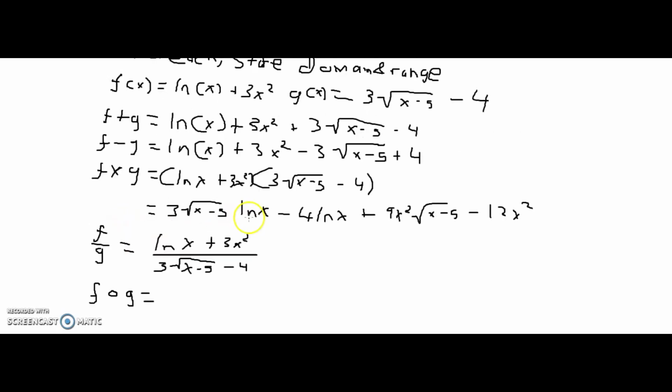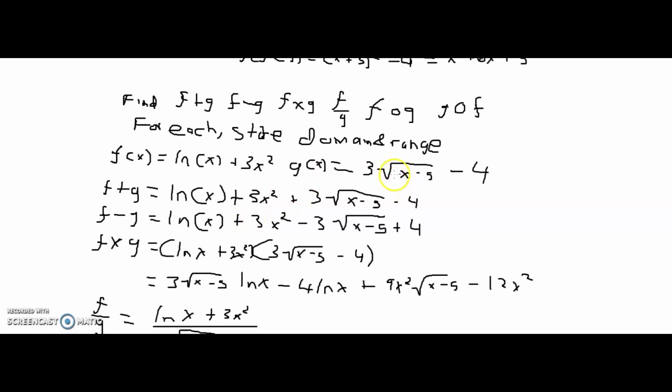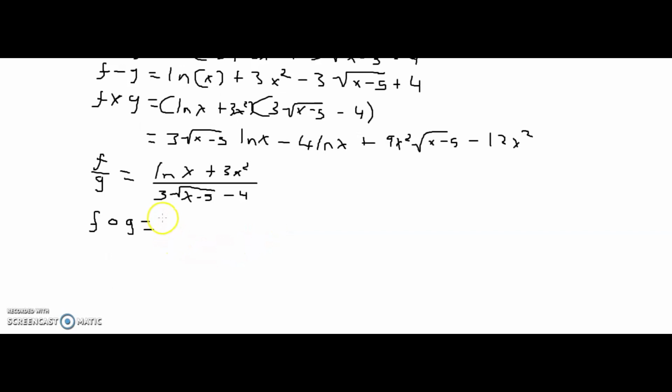So this means I take g of x and I plug it in wherever I see an x. And there are 2 x's in this case. So this becomes natural log of 3 square root of x minus 5, and then minus 4. And then I have plus 3 times 3 times the square root of x minus 5 minus 4, all squared.